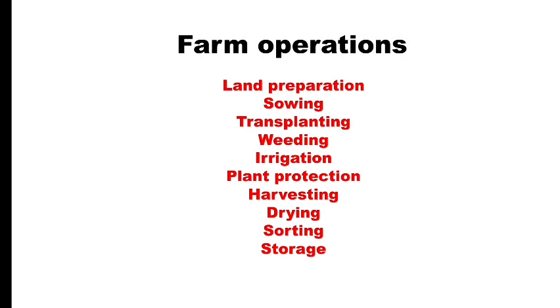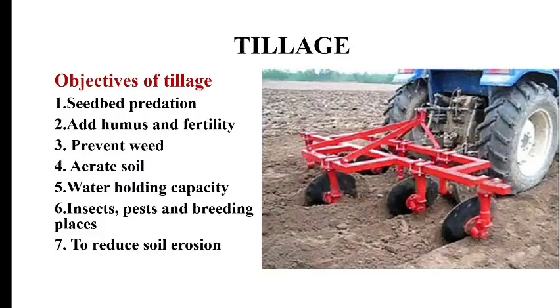In harvesting, various specified harvesters and combine harvester are used. Drying is related with renewable energy technology. Sorting and storage come under post harvest engineering. So these are the 10 operations which are mostly carried out to grow a particular crop.